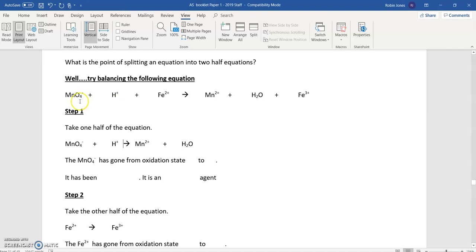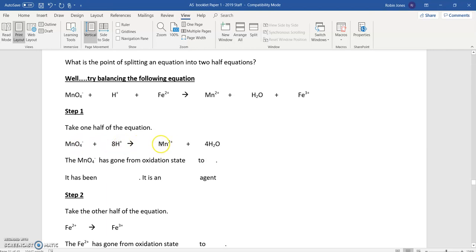So let's have a look at what I've got. I've got one Mn, I've got one Mn. I've got 4 O's, I'm going to need 4 H2O. I've now got 8 H's, I'm going to need 8 H pluses. I'll need electrons in there to balance up the charges. How many charges have I got on the left? 1 minus and 8 H plus is 7 pluses.